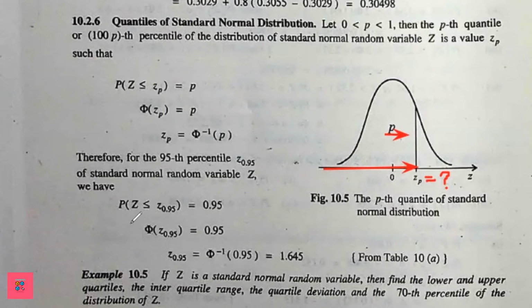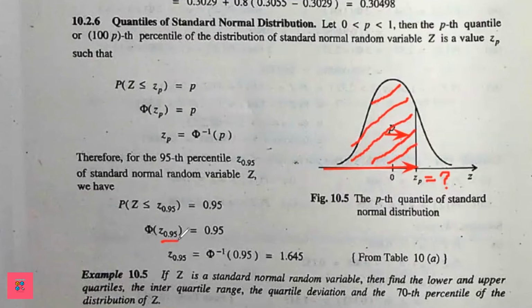Now, for example, this probability is given as 0.95. So this whole shaded area is 0.95. In our case, if it is equal to 0.95, then it's z 0.95. So we will write it in small subscript 0.95, or simply small z. But specifically, you have to mention your probability here, z 0.95.